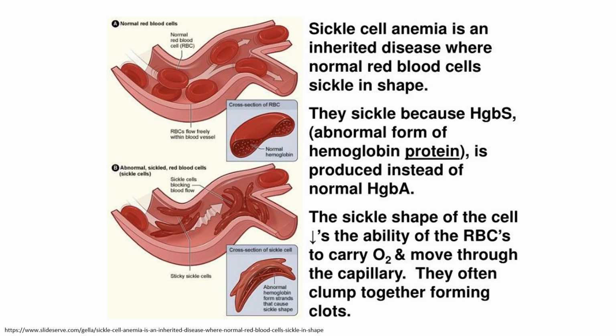And as a result, these sickle-like shaped cells do not get easily transported in the blood. And they start to clump together, forming clots that reduce the oxygen carrying capacity of the blood because the blood can't circulate.